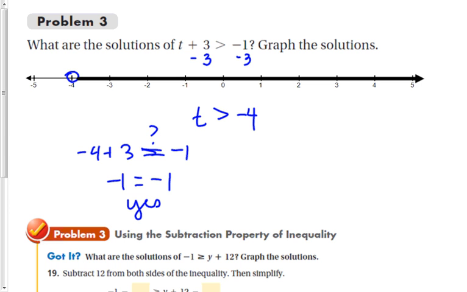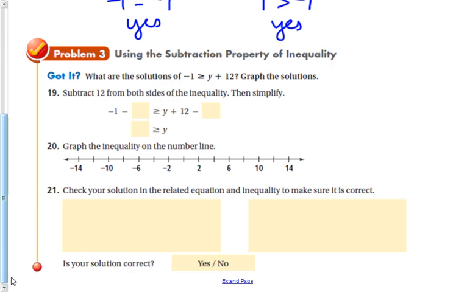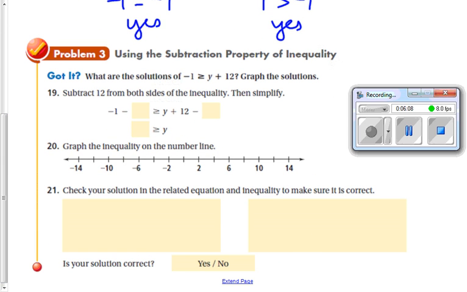And then some other number in this group, like, I don't know, I'll just pick -2. That should also be true. So -2 plus 3 should be greater than -1. And -2 plus 3 is 1. And 1 is greater than -1. So it checks out. All right, you could try that.